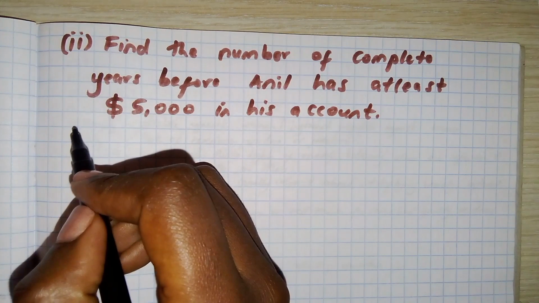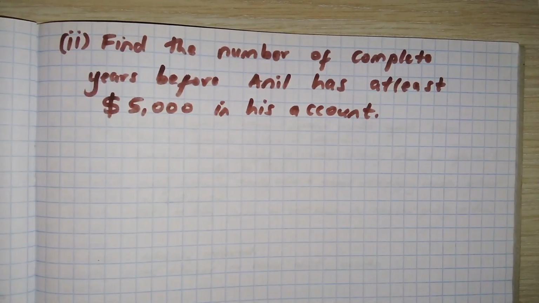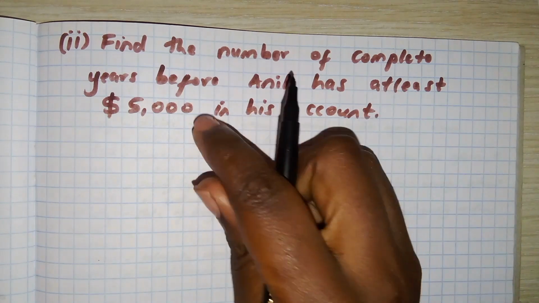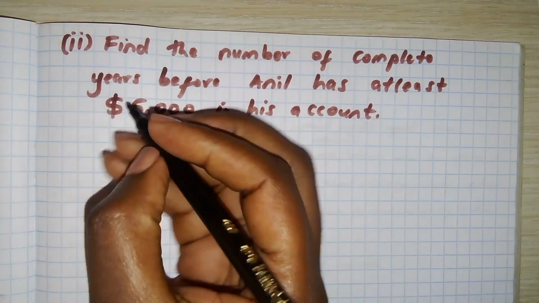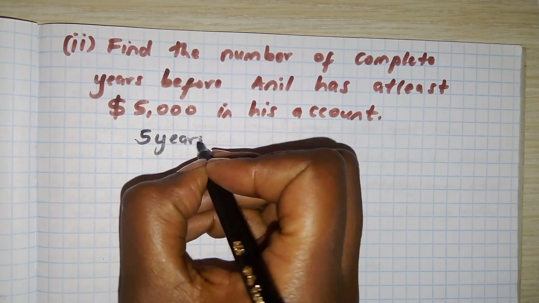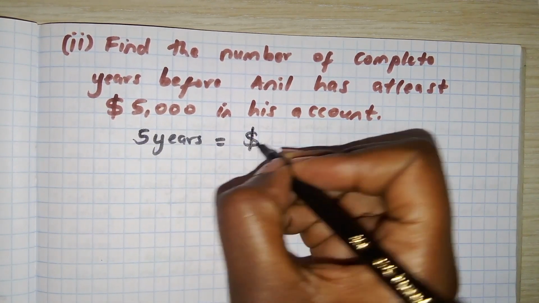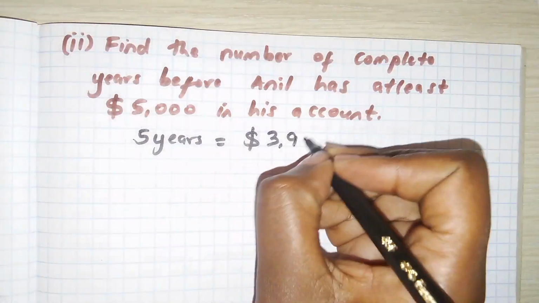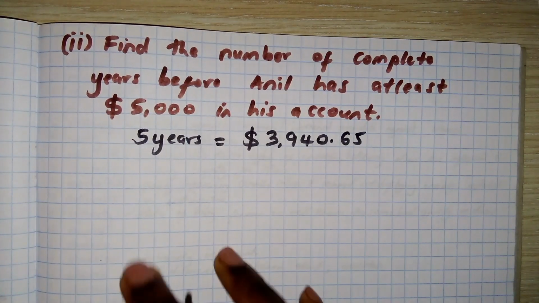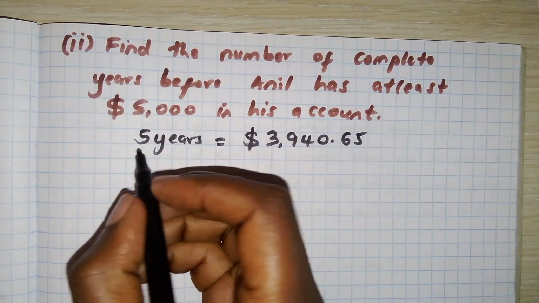Part 2 of question 2C. Find the number of complete years before Anil has at least 5,000 in his account. From the previous question, after 5 years, Anil had 3,940.65. By looking at this, maybe we can add another 5 years.